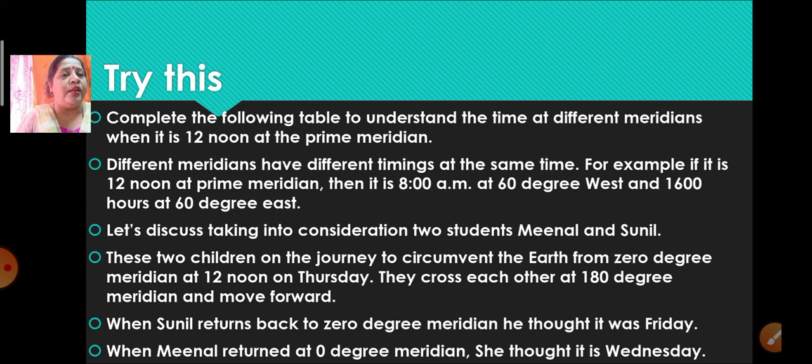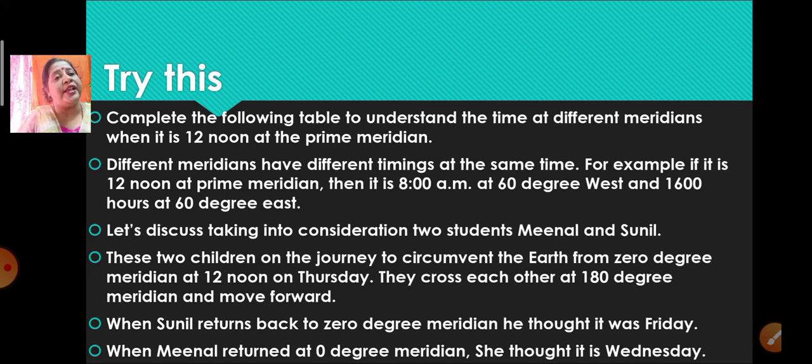For example, if it is 12 noon at the prime meridian, then it will be 8 a.m. at 60 degree west. It will be only 8 a.m. at 60 degree west, while it will be 4 p.m. at 60 degree east.